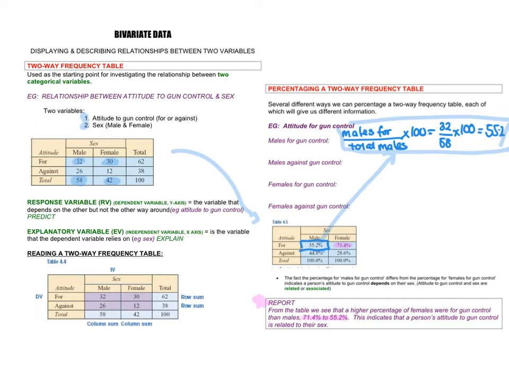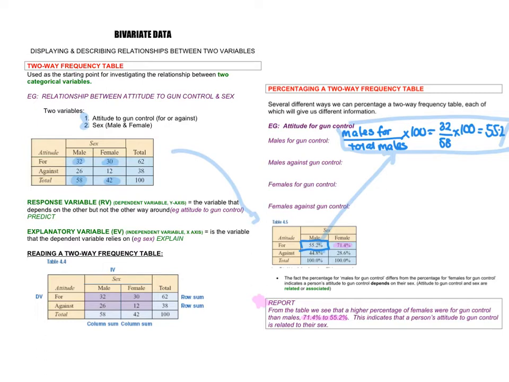Okay, so that's what we'll be looking at, two-way frequency tables. That's when you've got two categorical datas really. See how you're male or female there, and whether you're for or against gun control. So what type of categorical data are they?